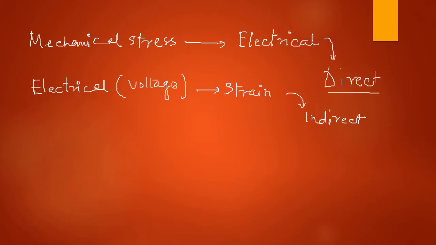In the direct case, mechanical stress produces voltage, whereas in the indirect case, applying electrical voltage strains the material.